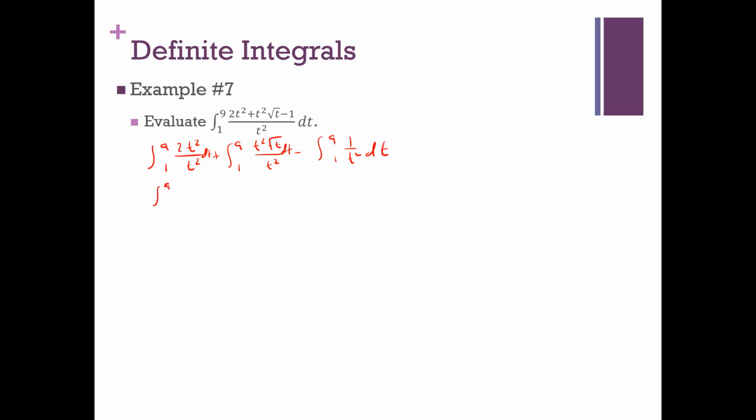And from there, I can even simplify them further. The integral of 2 dt plus the integral of radical t dt minus the, actually that one's not going to simplify.